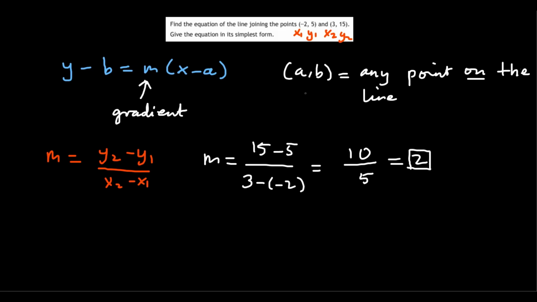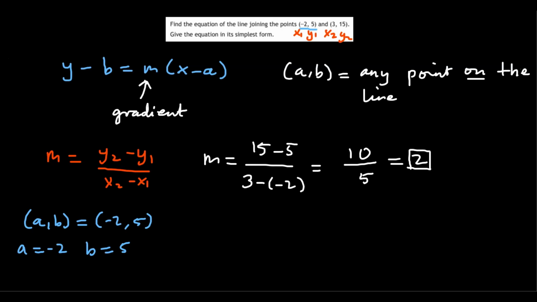And then for the point we're going to use for (a, b), I'm just going to use this point because it seems a bit simpler. That one has 15. So it's, this one seems a bit simpler. So in other words, b is 5. So I'll just write (a, b) equals (-2, 5). So that means a is -2, b is 5.